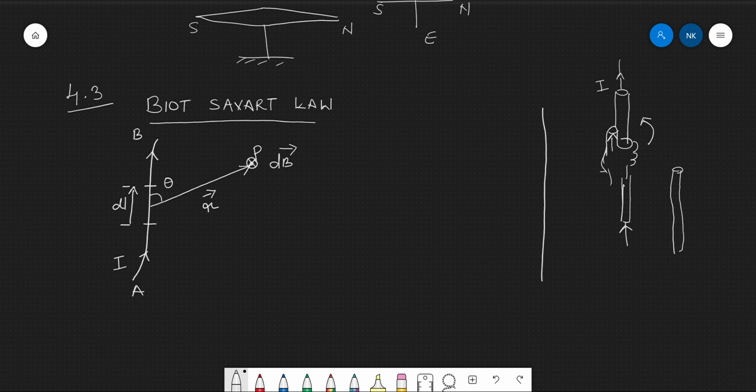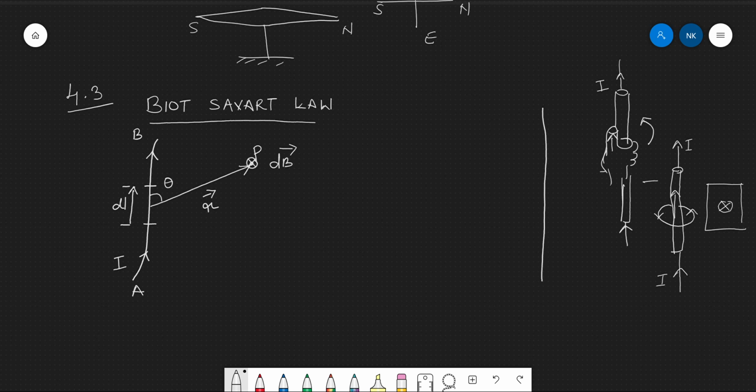If this is the wire and this is the direction of current, then the direction of the magnetic field is going to be like this. If I consider one plane here, this line is moving away, which means it's a cross.